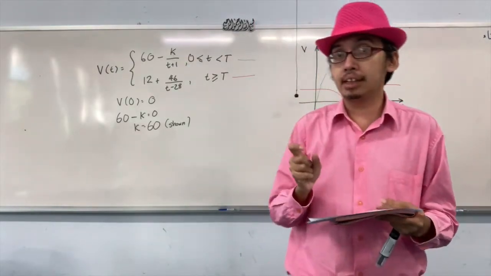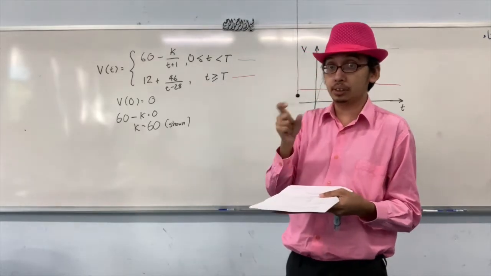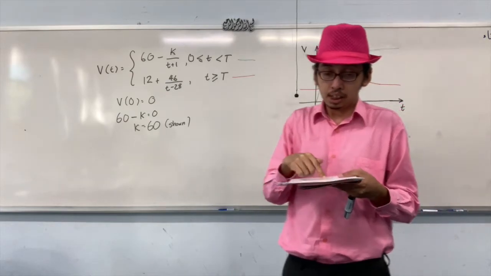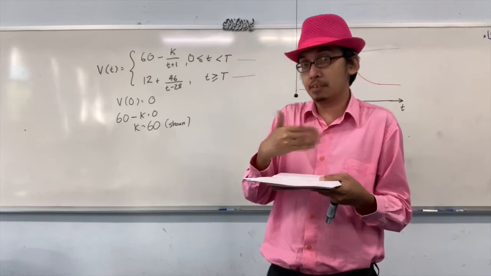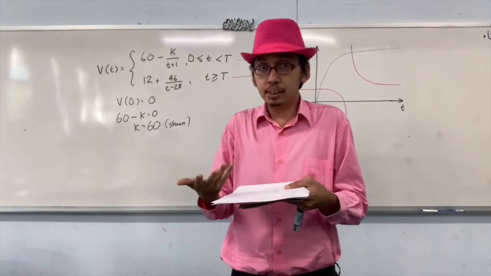For plotting, when you set the window settings in your GDC, you follow the scales in your question. Your question gives from 0 to 60, or maybe lesser than that. Maybe you can start from negative 10, so negative 10 to 60, and the y-axis as well.